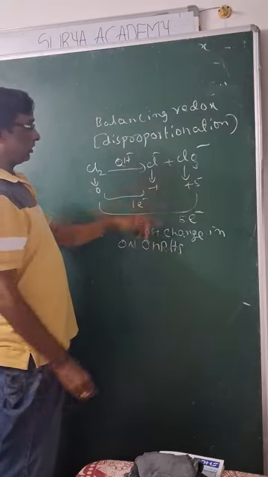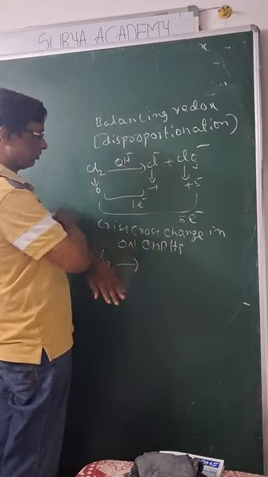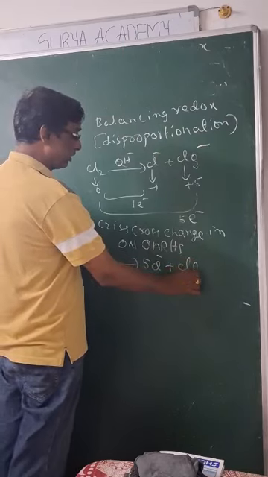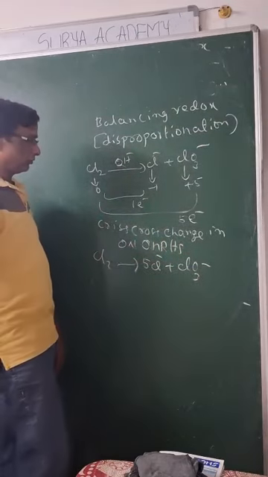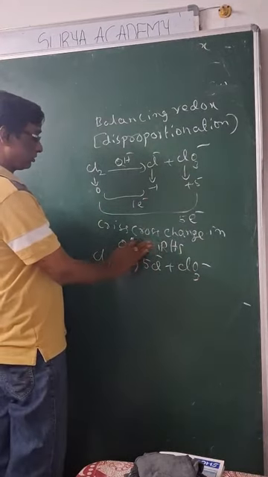Here 1, here 5. So Cl2 gives, crisscross, 5 Cl minus and ClO3 minus.